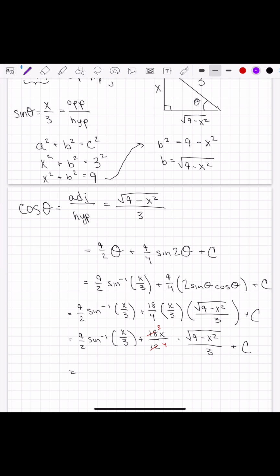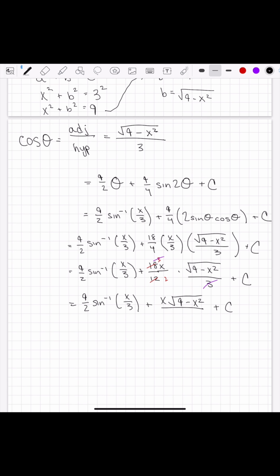And then we can cancel out this 3 with this 3 since we're multiplying those two things. So this becomes 9/2 sine inverse of x over 3 plus x times the square root of 9 minus x squared all over 4. Remember, for fractions, you just multiply straight across. Oh, and this shouldn't even be a 4, because 12 divided by 6 is 2. So this should really be a 2.